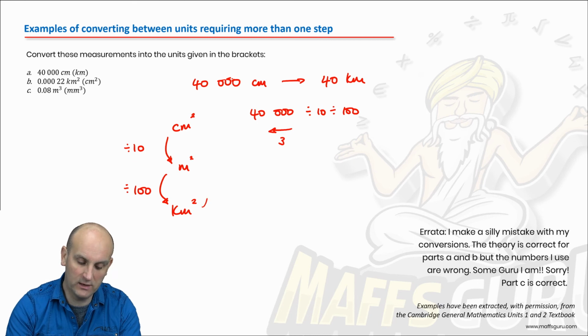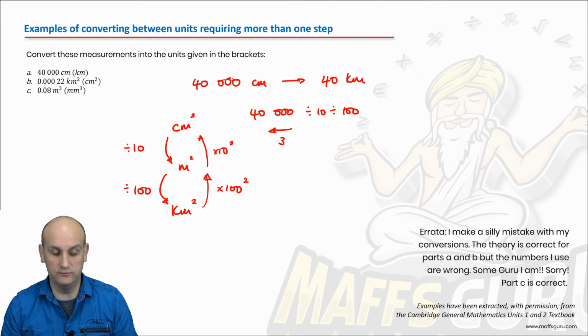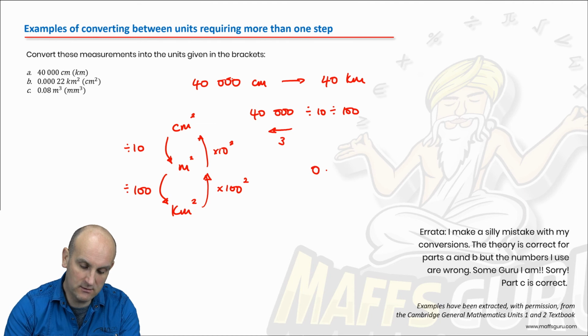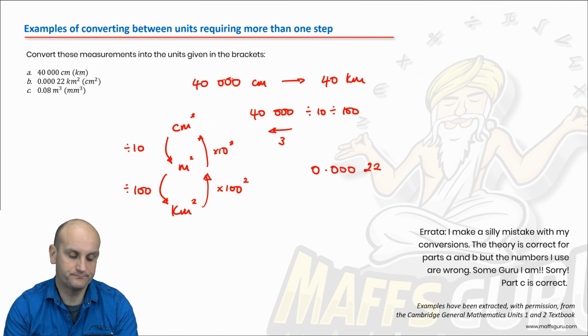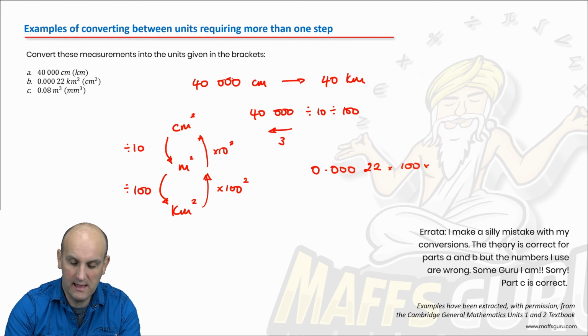All right, well, again, I've got to go through here. So that's going to be times by 100 squared. And this is going to be times by 10 squared. Oh, you put it by the arrow. So that's going to be times by 10 squared. Woof! So I've got 0.00022. And I went from kilometers squared to centimeters squared. So I'm going to times by 100 and times by 100.